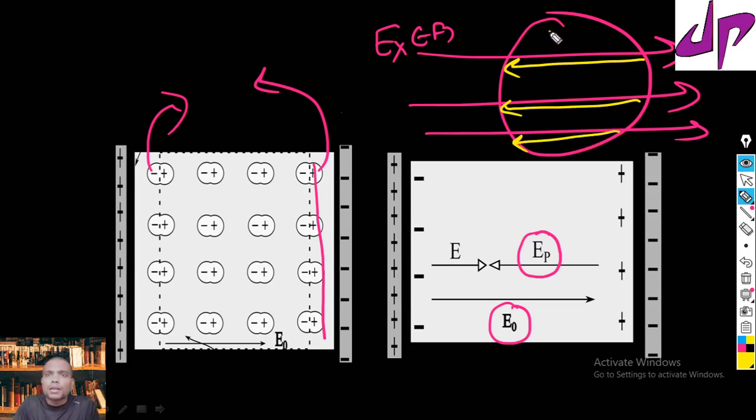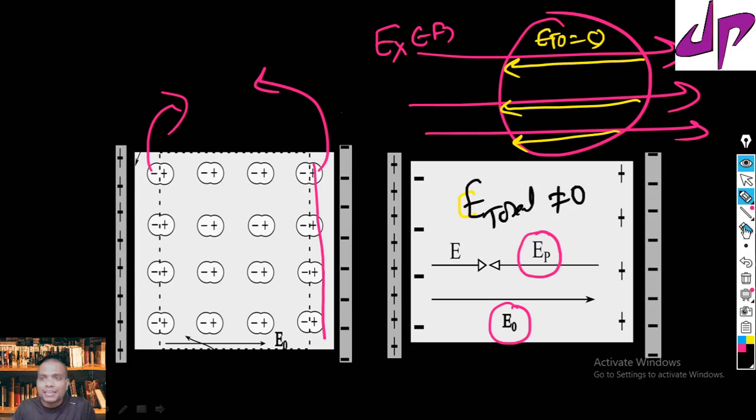Therefore the total electric field within the conductor equals 0. So that is the property of conductors. But when it comes to insulators, which are nothing but dielectrics, the total electric field is not equal to 0.